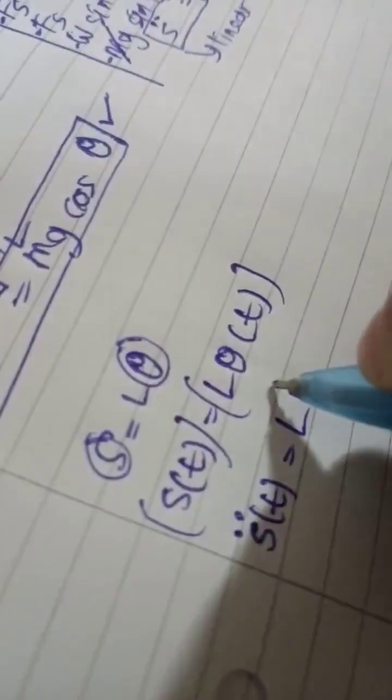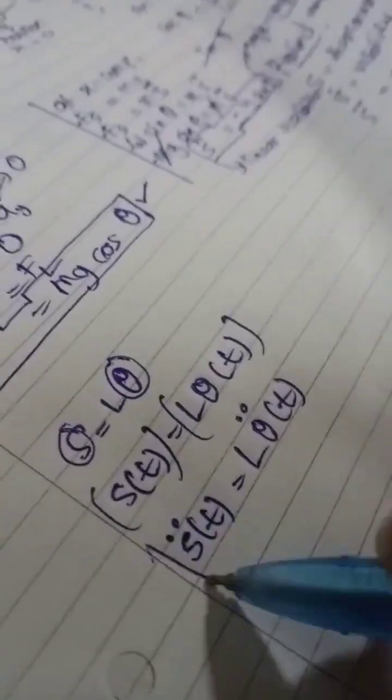We differentiate both sides of this equation two times to get acceleration, and we get s double dot t equal to L theta double dot t.